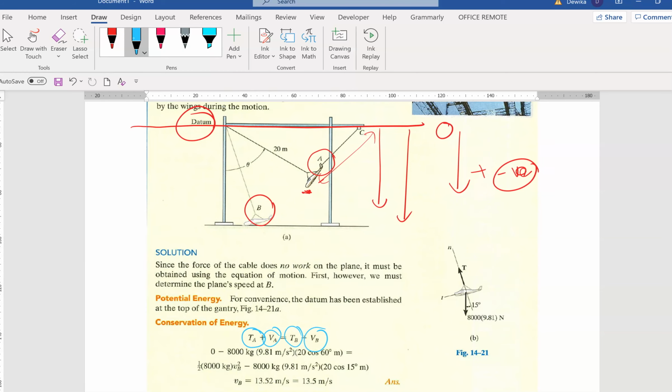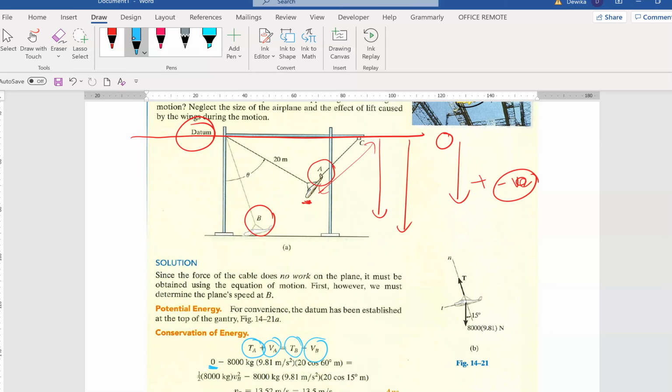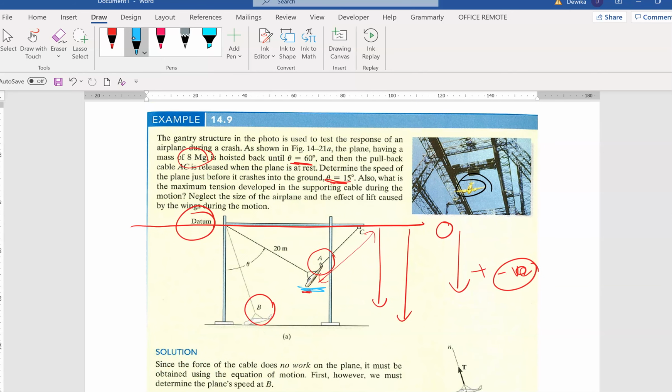Okay, let's analyze this question. Initially, half mv square is 0. What are the forces in A? Up here, we have the potential energy mgh. Why is this h 20 cos 60? Because the angle theta is 60.